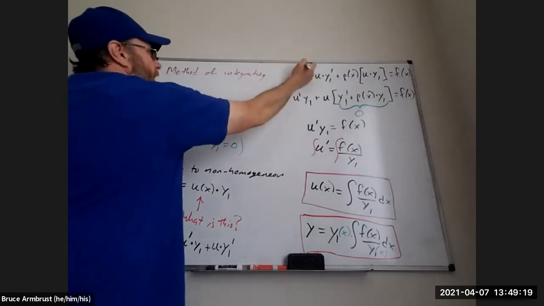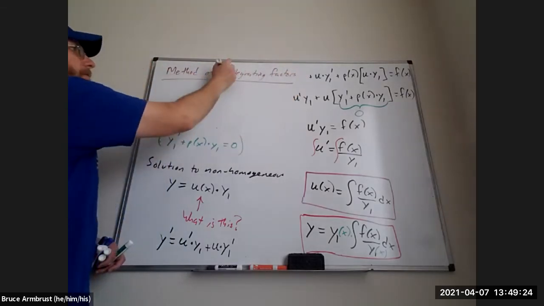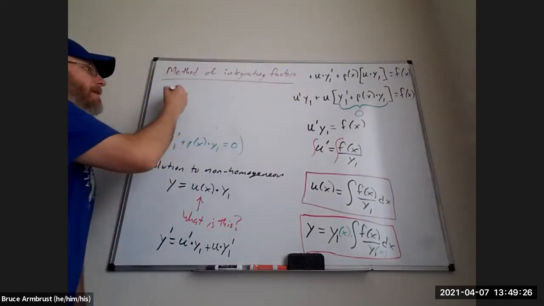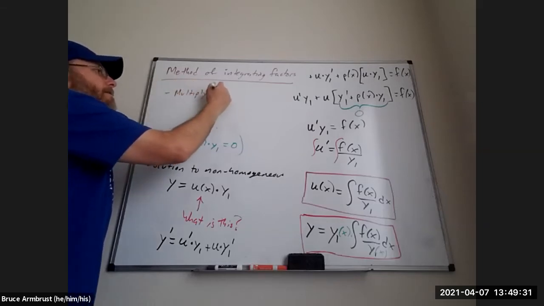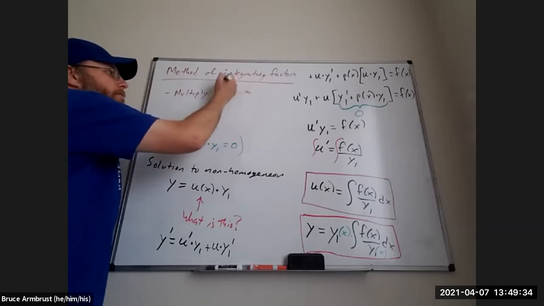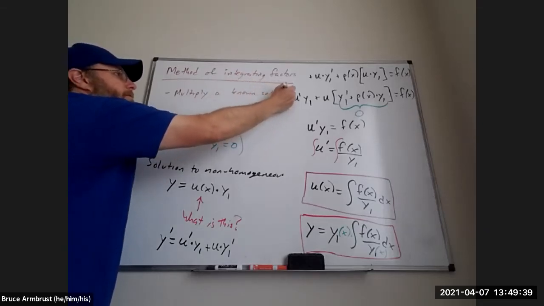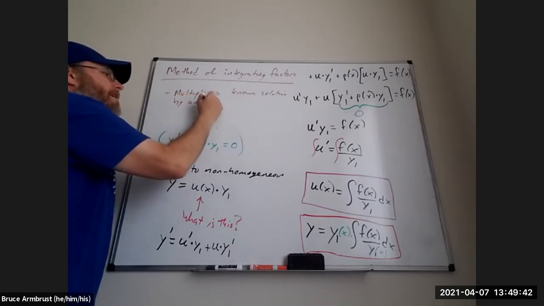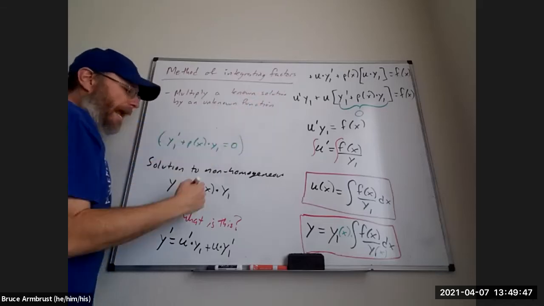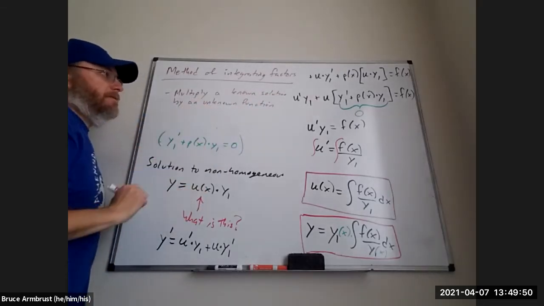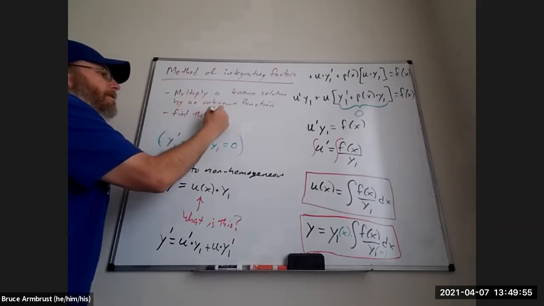So if you ever run across that phrase, method of integrating factors, basically what it is, you multiply a known solution by an unknown function. In our case, that unknown was the u. And then find the unknown.